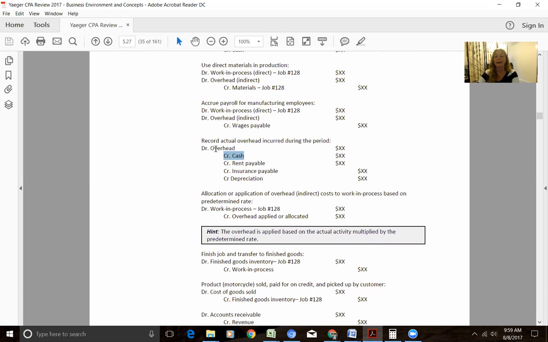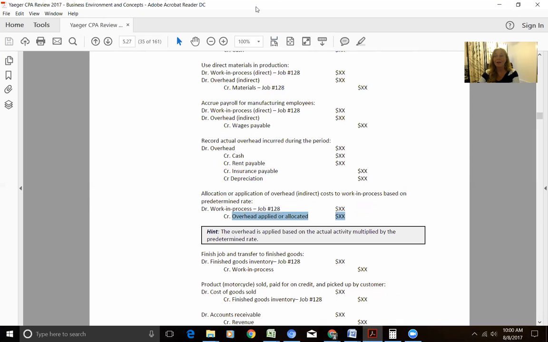We are adding that overhead, and that overhead includes things like the rent, insurance, depreciation, etc. It's the allocation of our predetermined rate that we talked about just a moment ago. We're going to add that as well. And so we debit our work in process, and then we credit our overhead, under or over applied overhead.